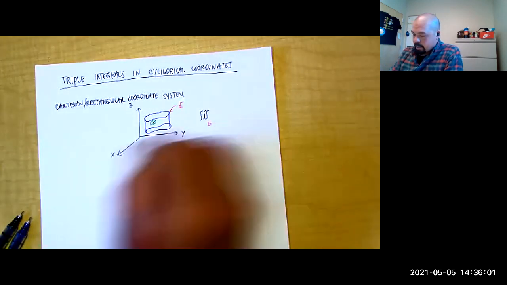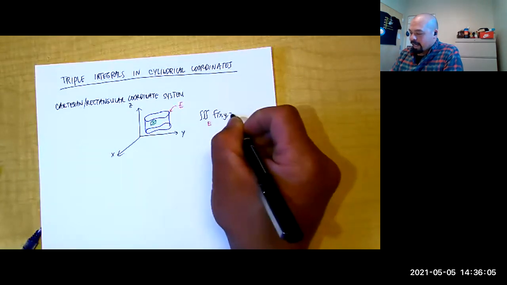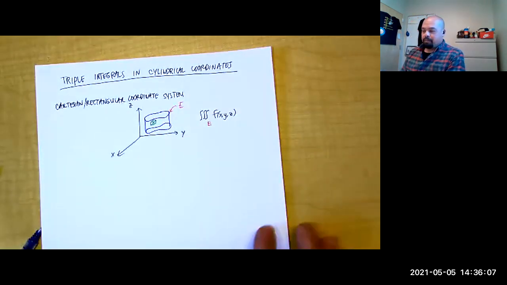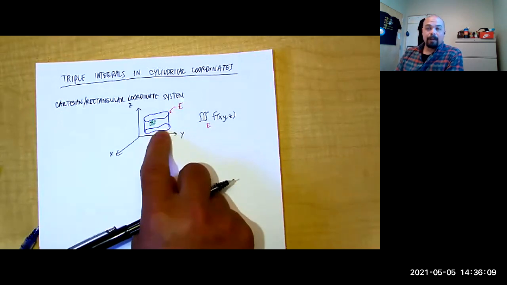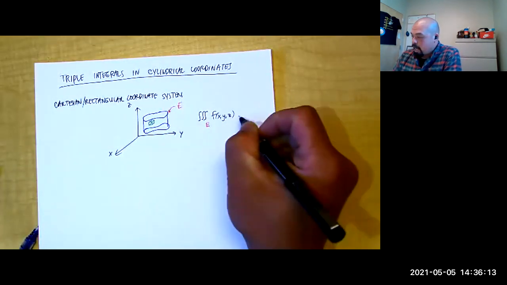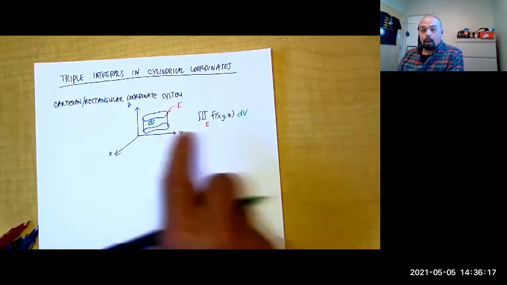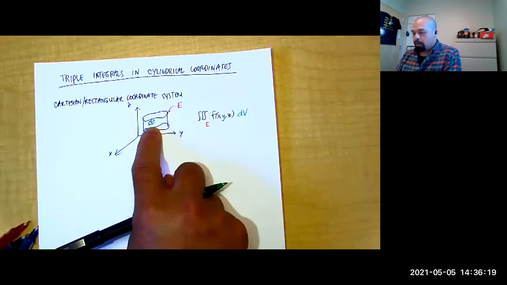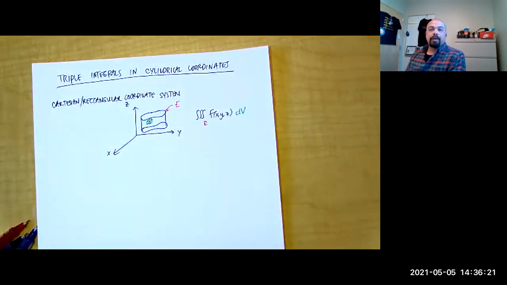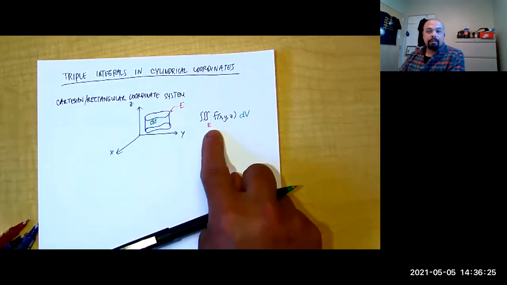E, and most often we'll have some function of x, y, z that's acting on this region. And we're going to deal with that dV, that little block of volume that will shift throughout, integrating throughout that entire three-dimensional space.